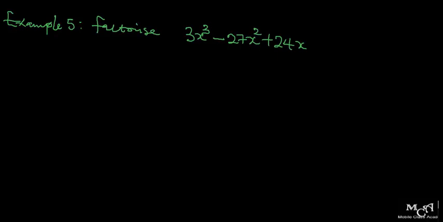Factorize this. When you look at this, you'll be a bit confused that, wait a minute, in quadratic equation, the highest power of x should always be what? 2. Second degree, right? But now we have it to 3.